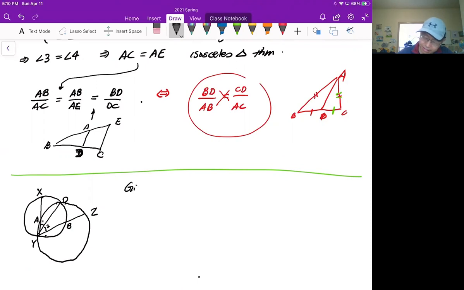Given that angle one equals angle two, that's why I need the angle bisector theorem, right? You get angle one and angle two, and this is a straight line going this way. You get a triangle, XYZ is a triangle, and then you get the angle bisector. So immediately you have the angle bisector theorem.